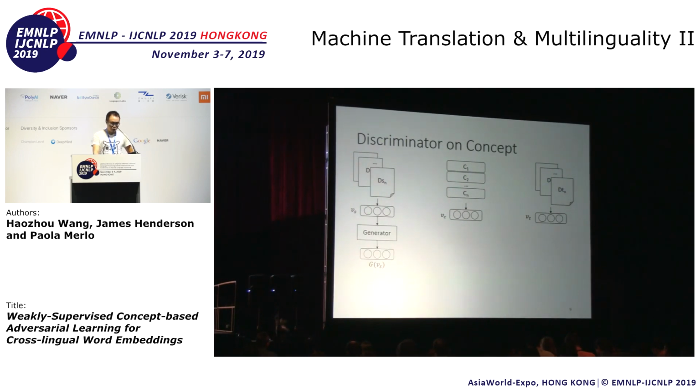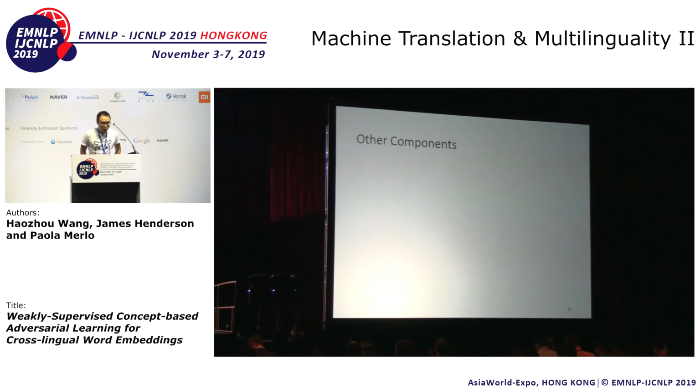We use the generator to generate G(V_S), and we concatenate the vector of the concept with G(V_S) and the vector of the concept with V_T. The discriminator on concept determines whether the input vector comes from the subdistribution conditioned on the concept or not.